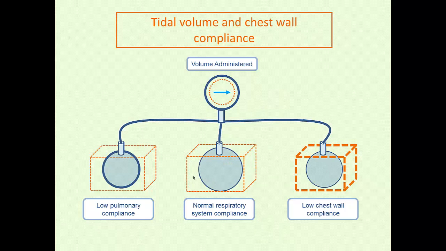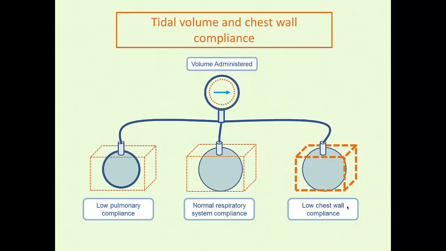As the balloon presses out against the box, there's a normal increase in intrathoracic pressure like that. Okay? Well, what's going to happen in this situation when you give this normally compliant lung stiff thorax the same volume? Well, the lung's going to increase and push out against the stiff thorax and increase intrathoracic pressure to a much greater extent.